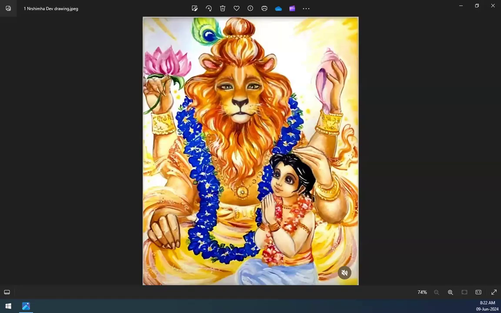Part 1, verses 1 to 8, Shaunaka Rishi's questions. Part 2, verses 9 to 11, Vidura asked about Brahmaji's creation.